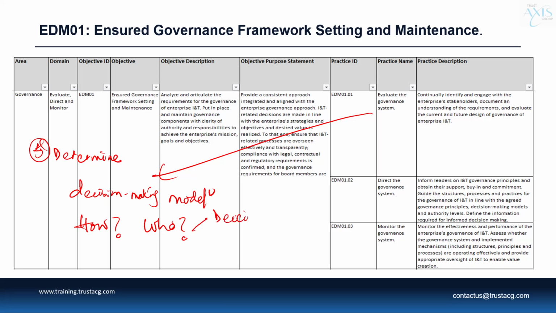Right? Who decides, who contributes, who approves. Now, this could involve an IT governance board or IT gov board, or even a steering committee or a steerco, or even some of the delegated authorities. Now, what governance model or decision making model is there is something that you must also determine when you are evaluating the governance system, right?